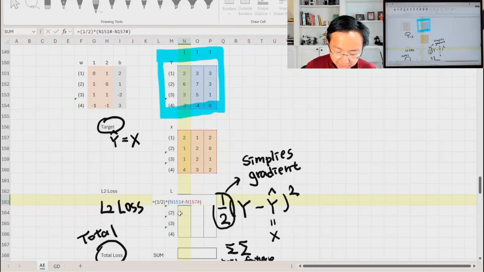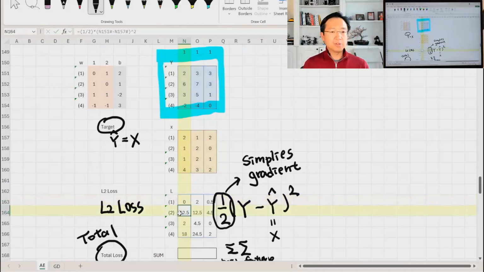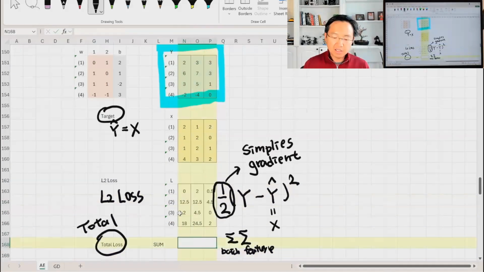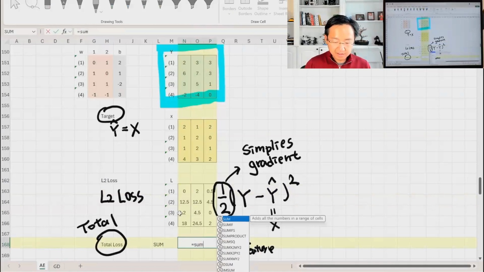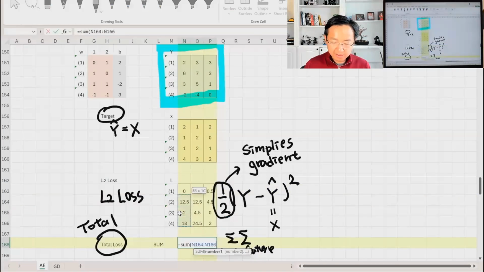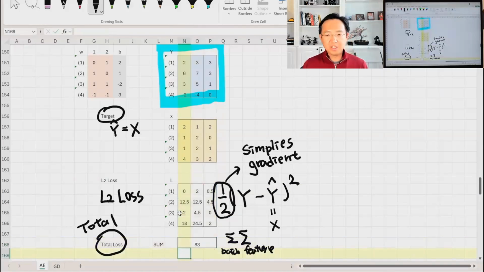So this is my L2 loss for an individual feature and an individual batch. The total loss is a summation of this. There's a double summation over this matrix, but in Excel you just use sum. So 83 is the total loss for this one.